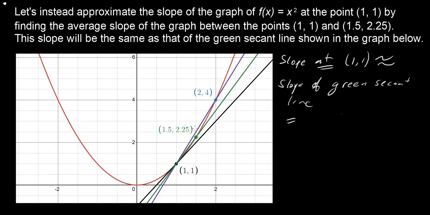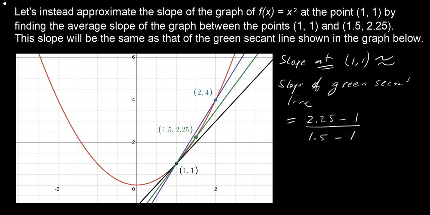And that slope would be the change in y values over the change in x values. So in this case, the y coordinates are 2.25 and 1 over the corresponding x coordinates, which are 1.5 and 1.